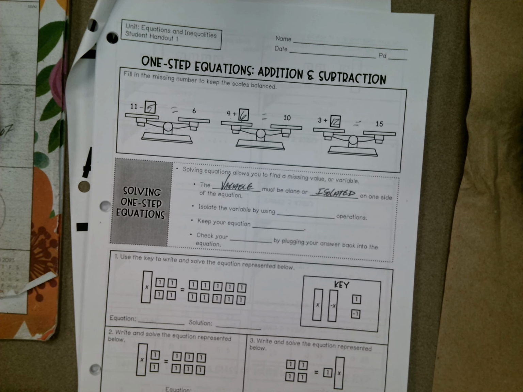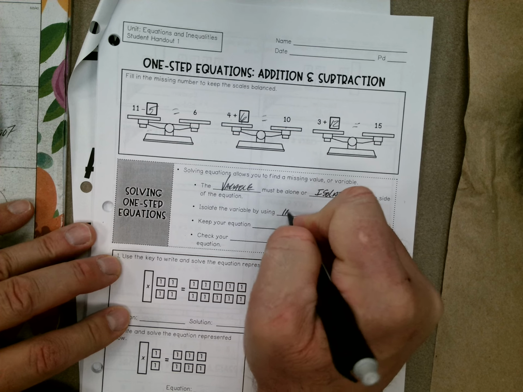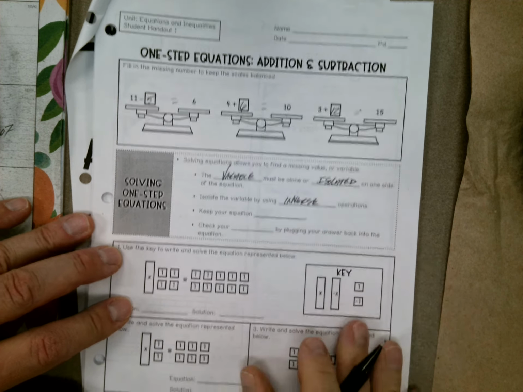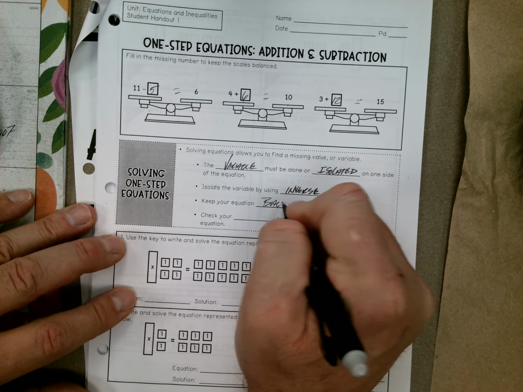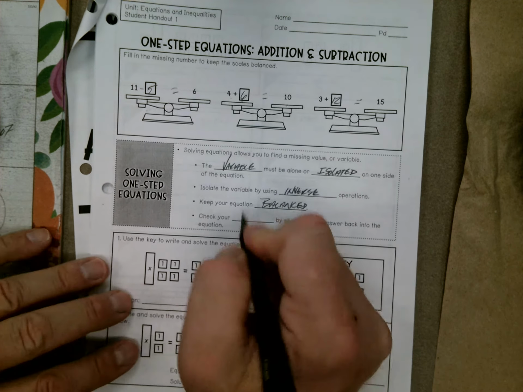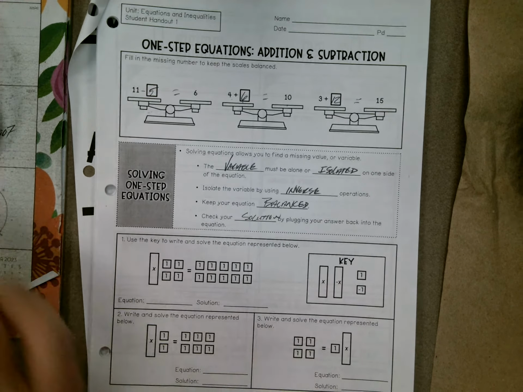I'm the variable. I am alone. Isolate the variable by using inverse operations and keep your equations balanced. And then you're going to check your solution by plugging it in at the end.